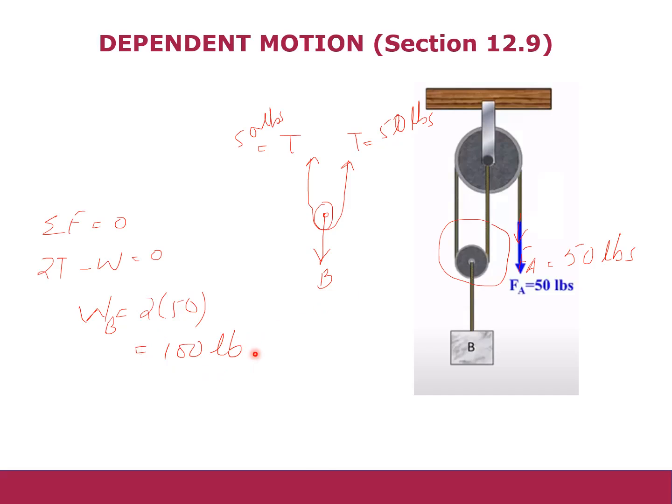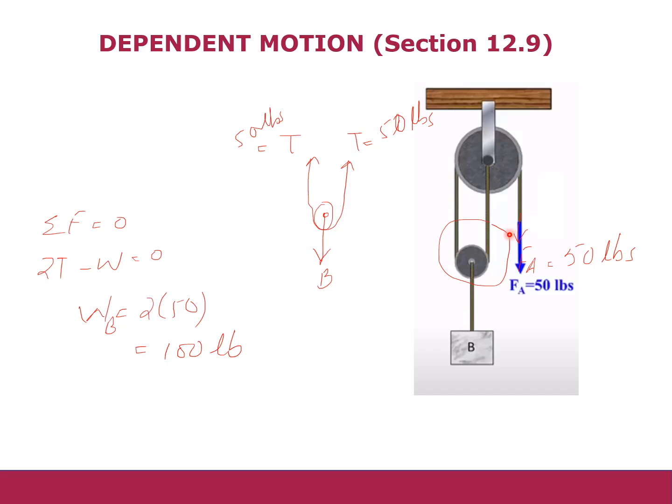Did you observe that by applying a 50-pound force you can lift double the weight, right? So by applying 50-pound force you can lift 100-pound weight at this point. So that is the mechanical advantage of this pulley, that you can lift double weight by applying the force over here, right?